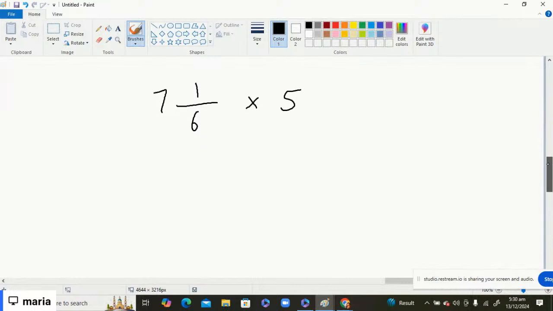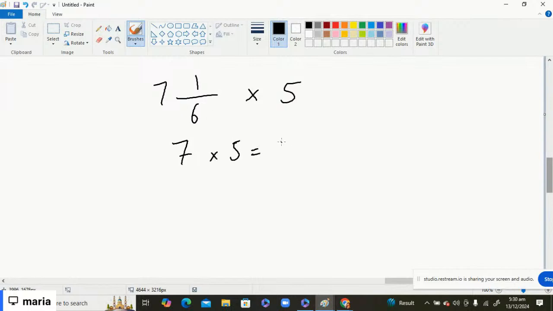So first of all, we are going to round that mixed number. This is 7 and that is 1/6. 1/6 is a very small number, so it can be rounded to 7. Okay? And times 5. 7 times 5 is 35, and that is your answer. Okay? This is the way that we are going to solve.